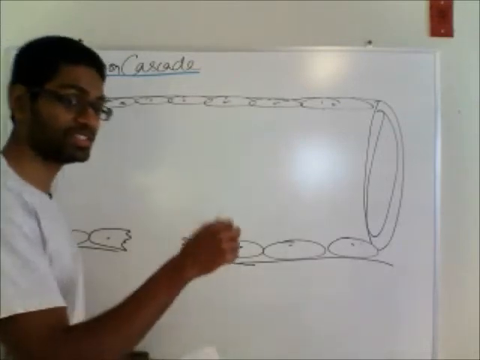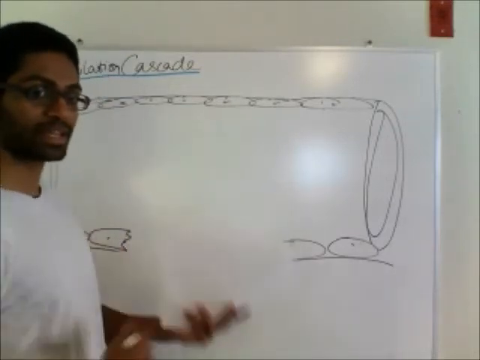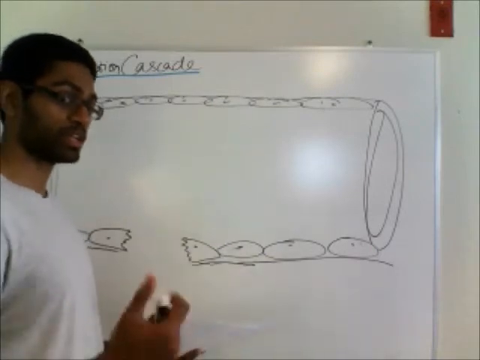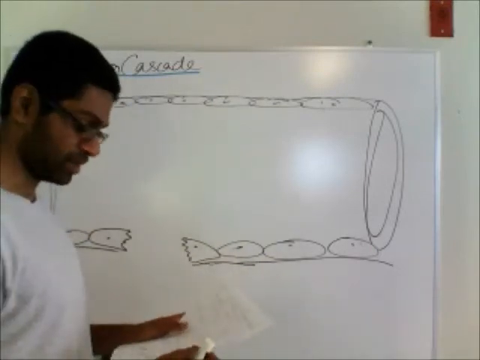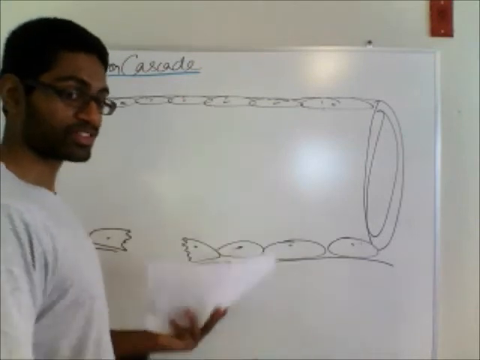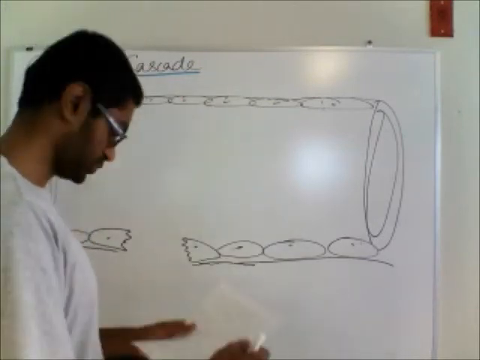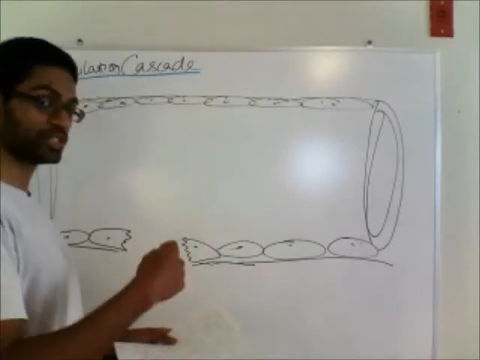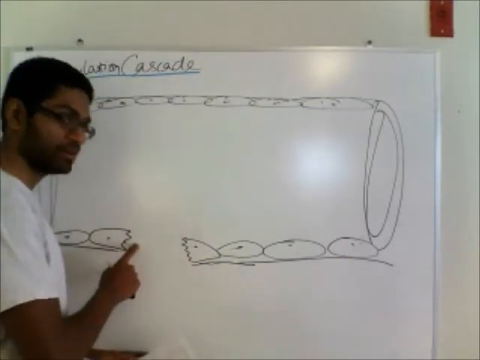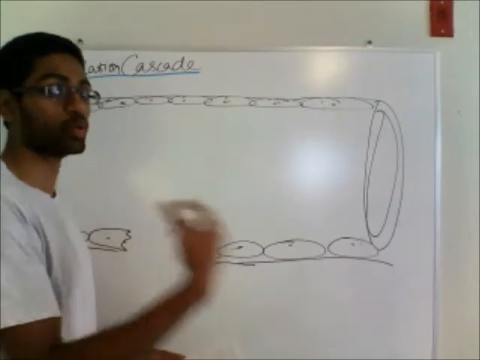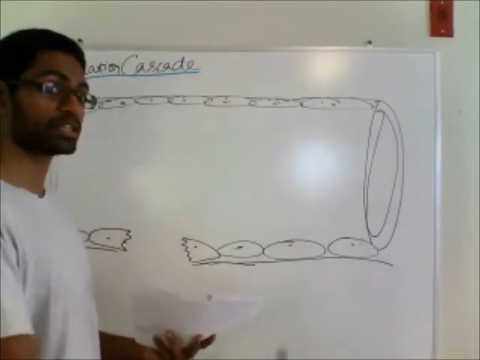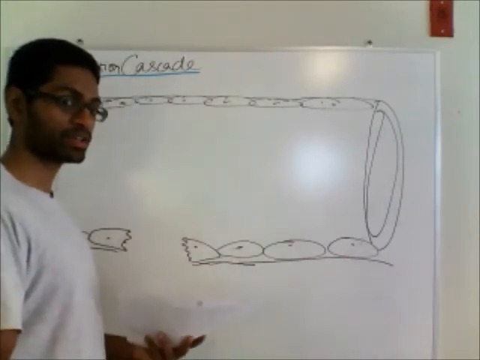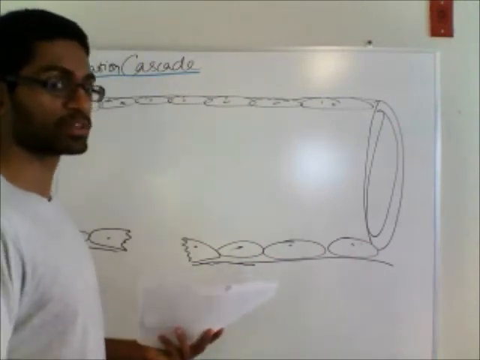So the PGI2 and the thrombin and all these molecules, most of them are coming in from the liver. The endothelial cells then release their own molecules as well. But all the other stuff I was talking about, the clotting factors and all that, are coming from the liver. We'll get into that.